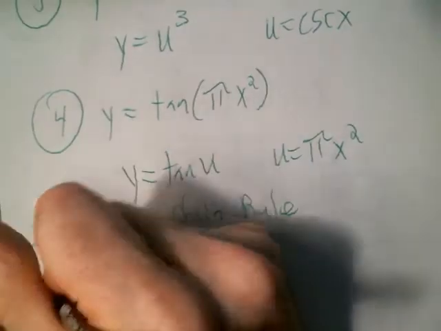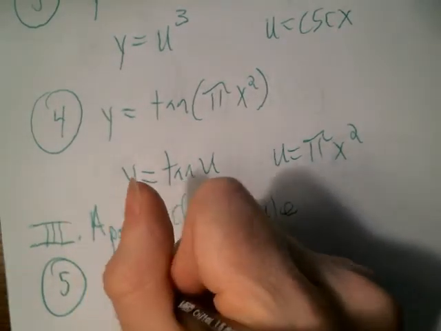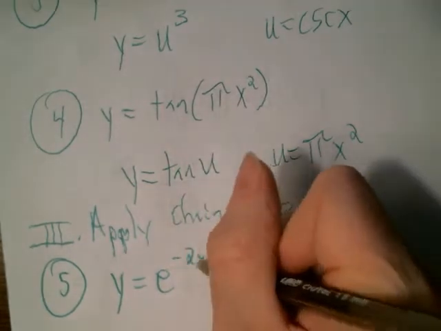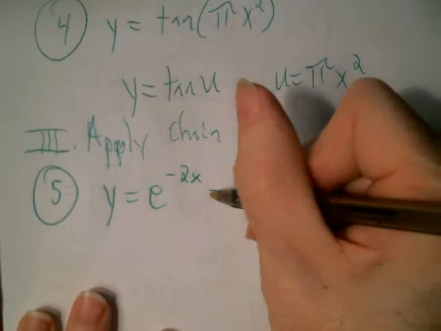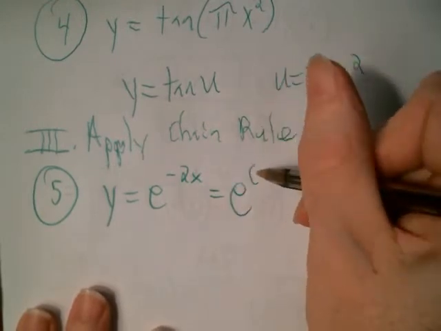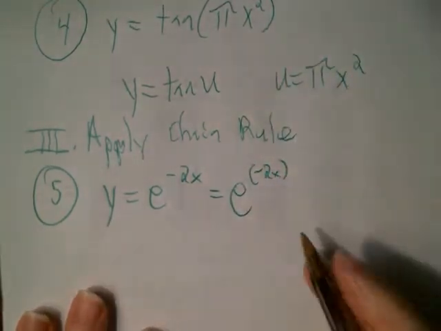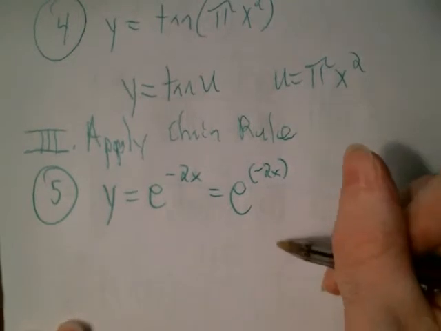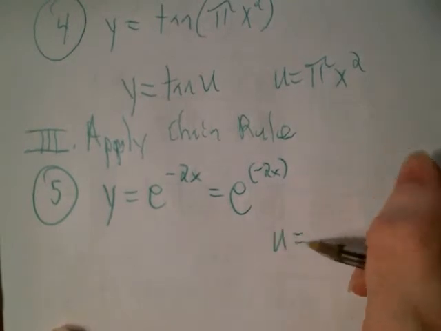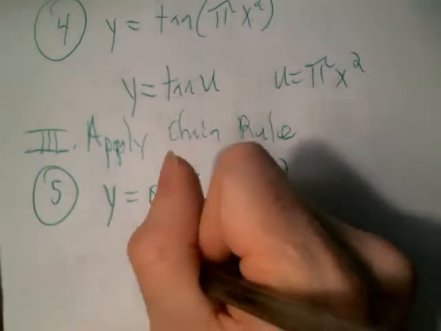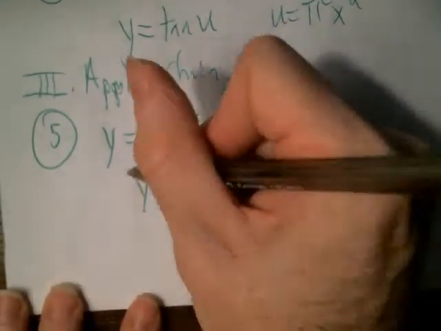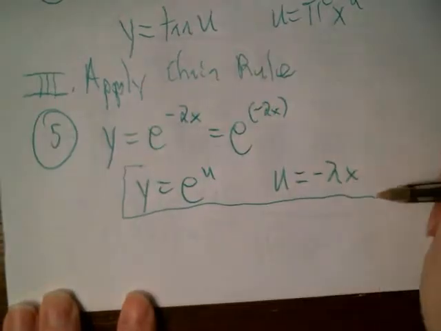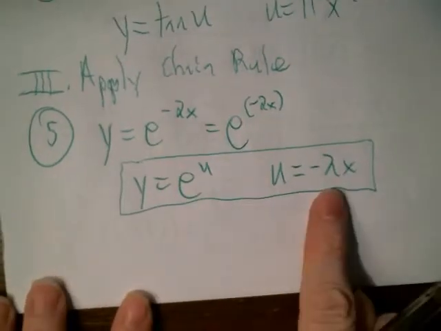Let's take number 5. So we have y equals e to the negative 2x. You don't see parentheses here, but you can think of it as e of negative 2x if you wanted to. So the guts part is the negative 2x. The u is negative 2x, and then y is e to the u. To find the derivative, you take the derivative of these parts.